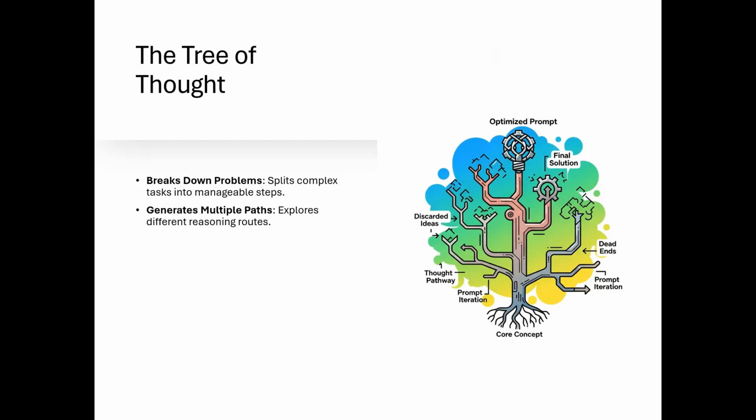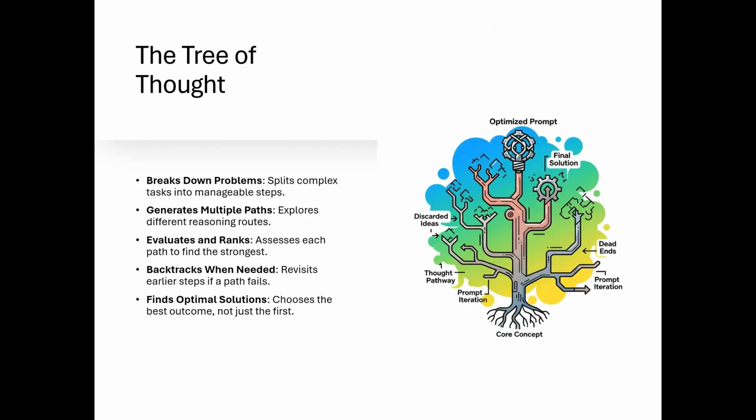It explores different reasoning routes, and you're asking AI to evaluate and rank and assess each path to find the strongest and backtrack if it needs to and revisit earlier steps if a path fails and find the optimal solution, the best outcome, not just the first.